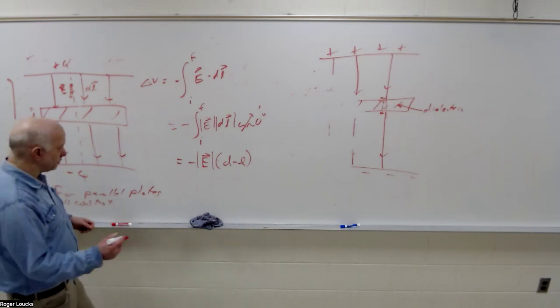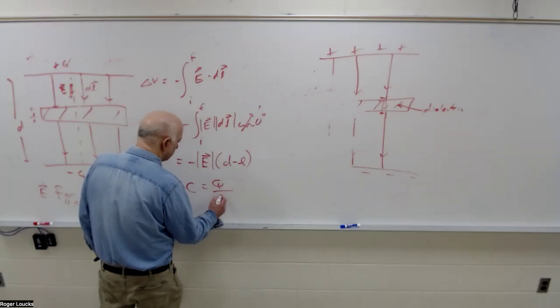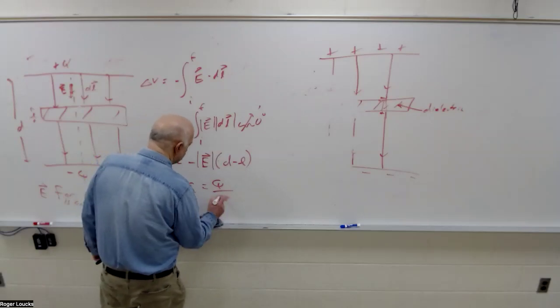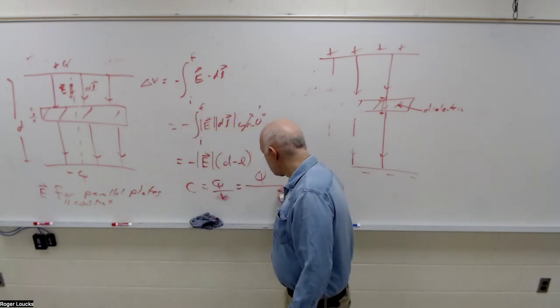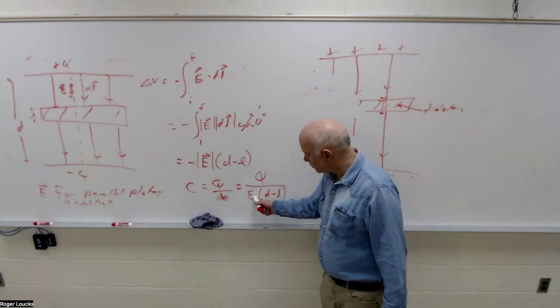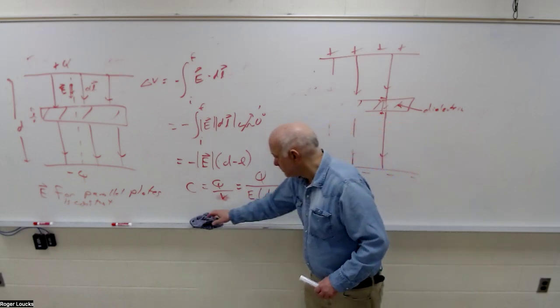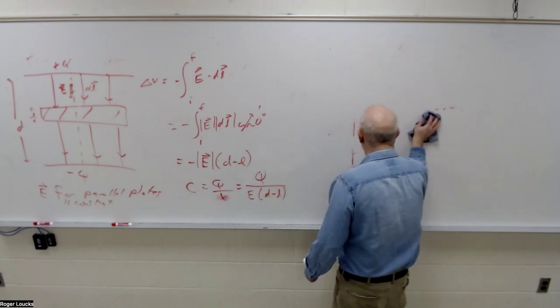So what happens when you put this in for your C is Q over V, and you're going to pick the absolute value of it. So I get Q over E times D minus L. Now what do we do for this E? What do we say is E for parallel plates?